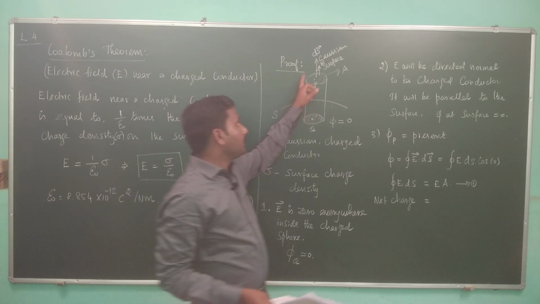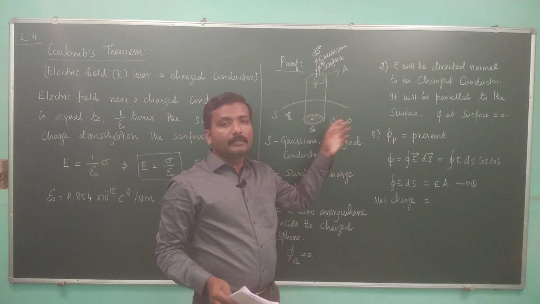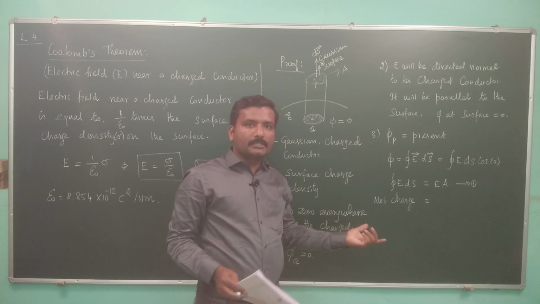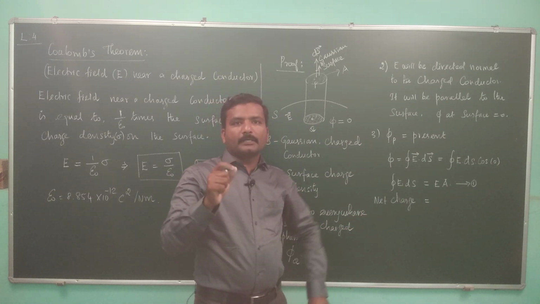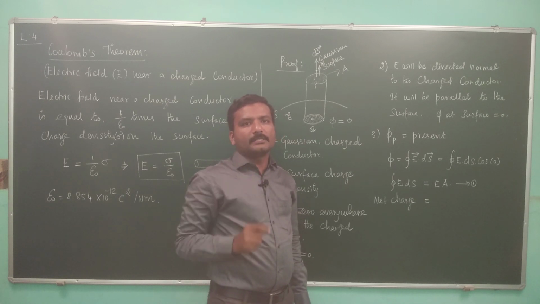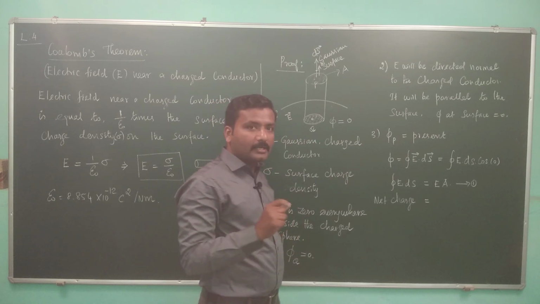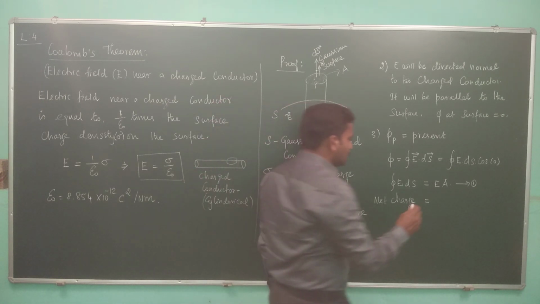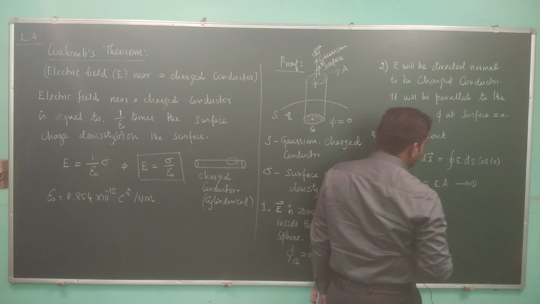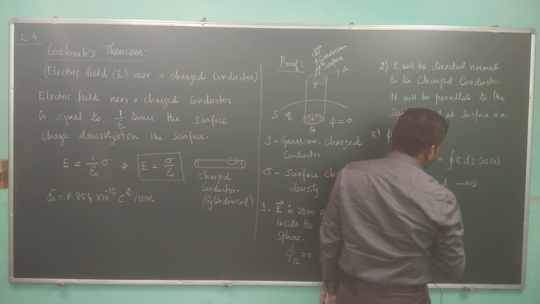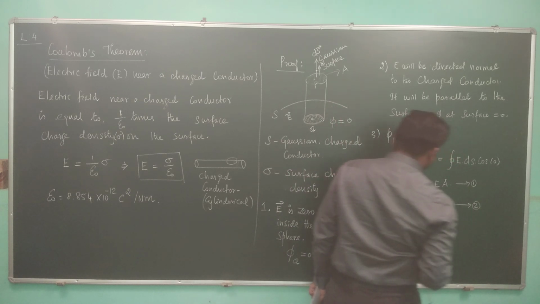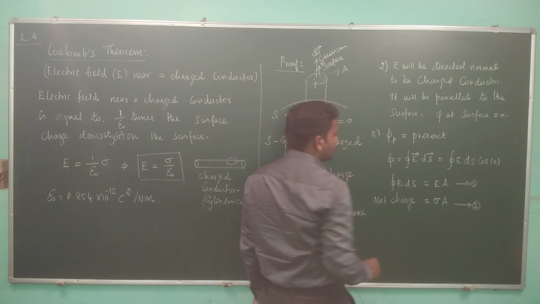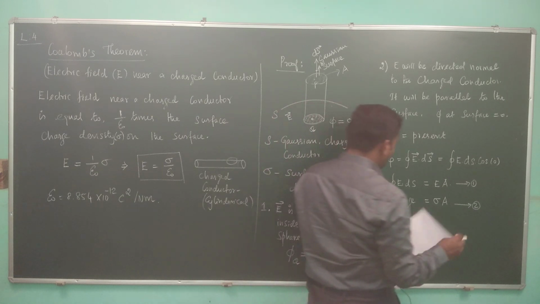You have to multiply the area within which you want to calculate the net charge by the charge density, that is, charge per unit area. So charge density multiplied by the total area, sigma A, which is equation 2. And this is the net charge q.